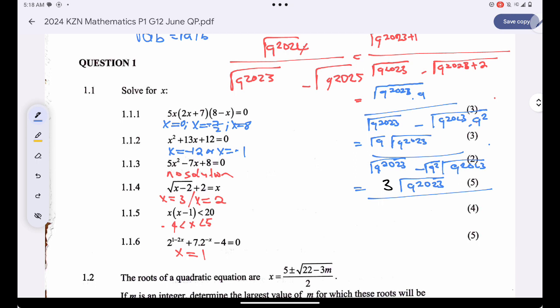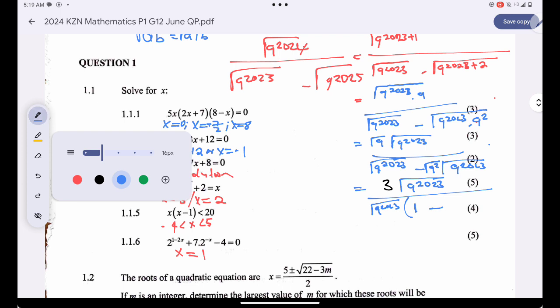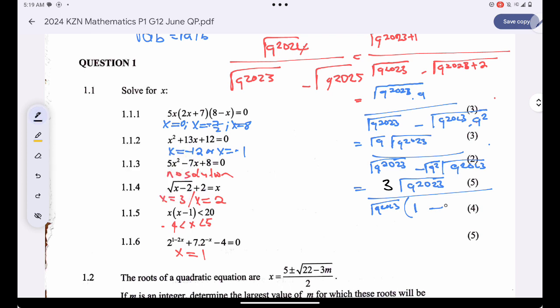I can take out the common factor here, which is 9 to the power 2023, right? If I do that, I'll be left with 1 minus the square root of 9 squared, and the square root of 9 squared will give me 9.